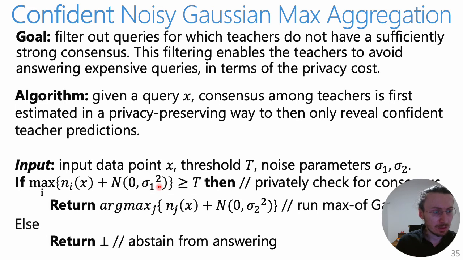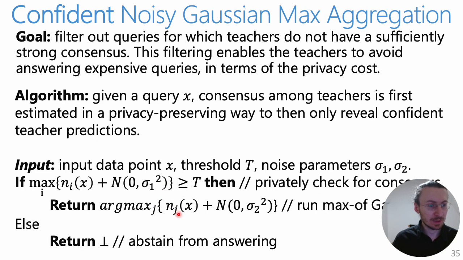And then note that we have these two values of sigma. One of them is just to privately check for consensus. The other one is just to run the standard GNMax algorithm. So in this case, the teachers do have consensus, so we check that most of the teachers agree what is the correct class.